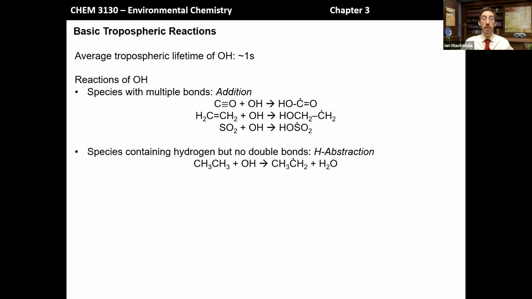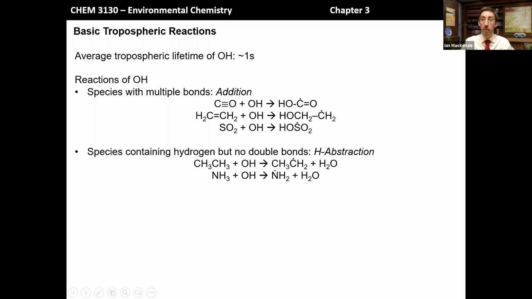So what we see here, for example, if we react hydroxyl radical with ethane, the OH comes and simply plucks off a hydrogen atom with its electron going with it, and that leaves then an unpaired electron on the ethane, so now it's an ethyl radical, and we've formed water.